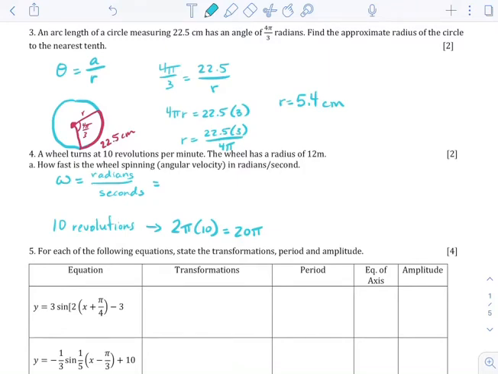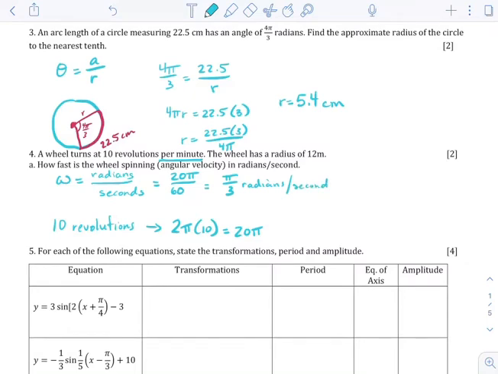So in 10 revolutions, we've covered 20 pi radians. Right, 2 pi for every time it goes around, and we went around 10 times. In seconds, well, it says that it covered that amount of distance in 1 minute. So that's 60 seconds. So if I reduce that, we get pi over 3 radians per second.